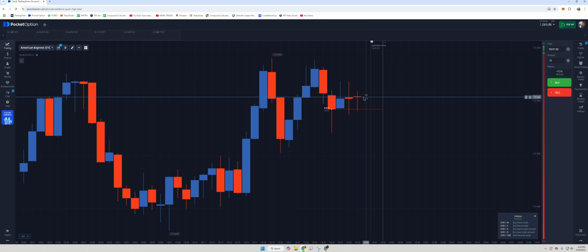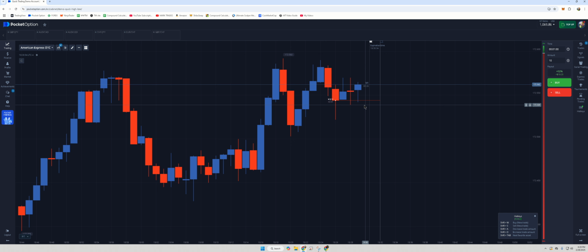Give me a sec here to get a base. That was the retrace. I want to see how this candle closes out.